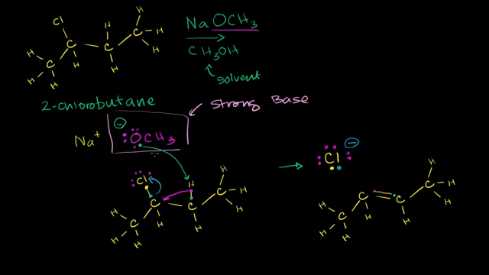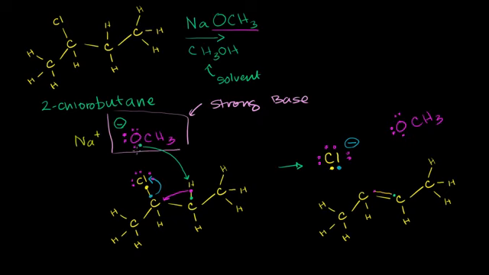This all of a sudden has become an alkene. And now the methoxide took the hydrogen. So let me redraw the methoxide. OCH3. The oxygen had 1, 2, 3, 4, 5, 6. Actually, it had 7 valence electrons, one with the carbon, and then all of these 6 unpaired ones.